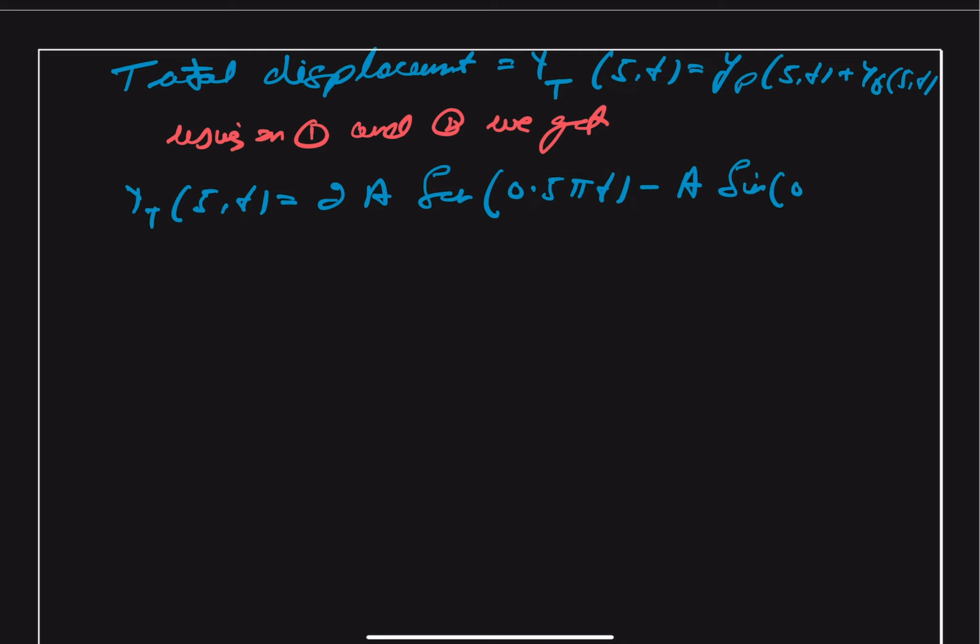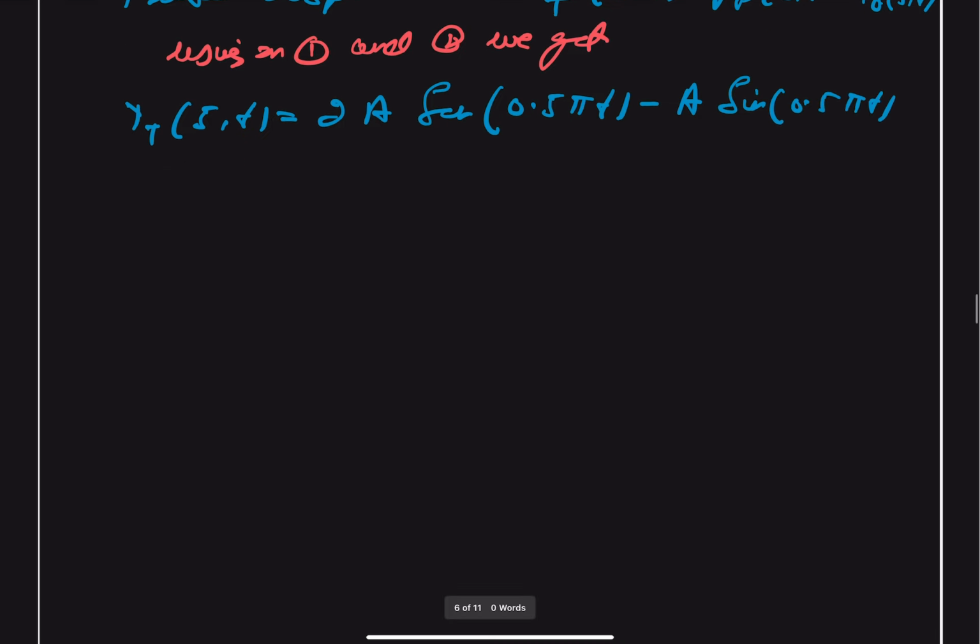So this gives us y_t at 5 comma t equal to a sine of 0.5 pi t.